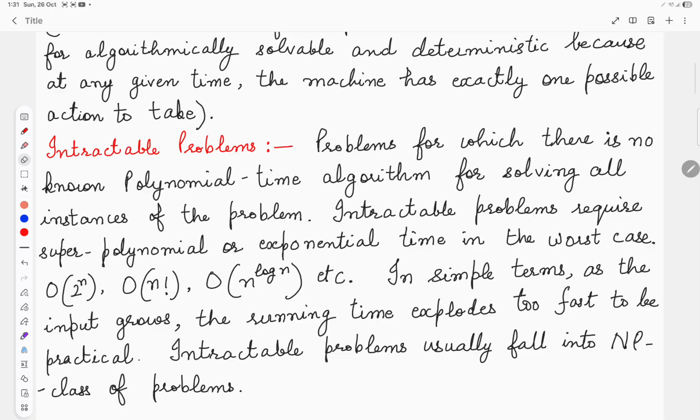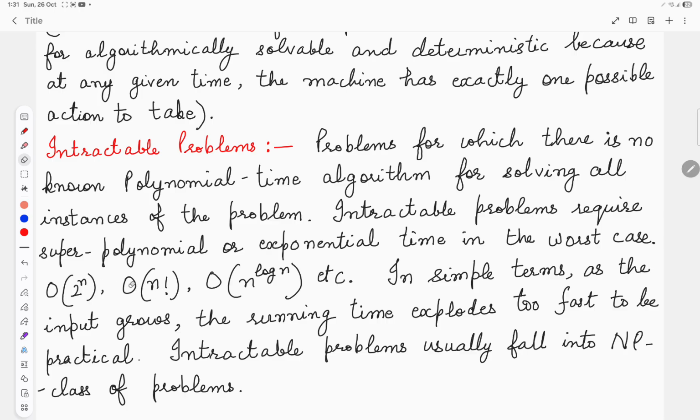Now there is a second type of problems known as intractable problems. These are problems for which there is no known polynomial time algorithm for solving all instances of the problem. Intractable problems require super polynomial or exponential time. As I just said, if the input size is acting as an exponent, then it is exponential.